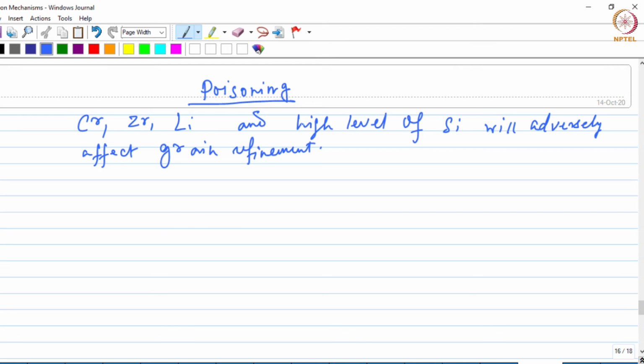And this will lead to coarser grains. If such elements are present and they have this poisoning effect, then the microstructure which will be obtained will be coarser compared to a microstructure which will be obtained without the presence of these elements.